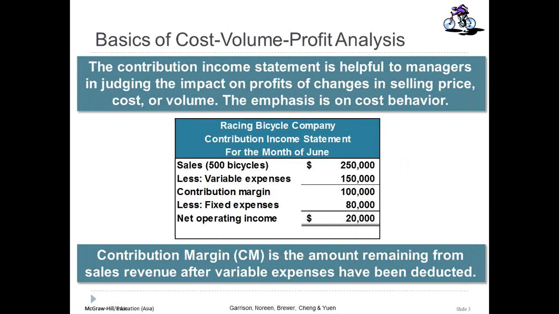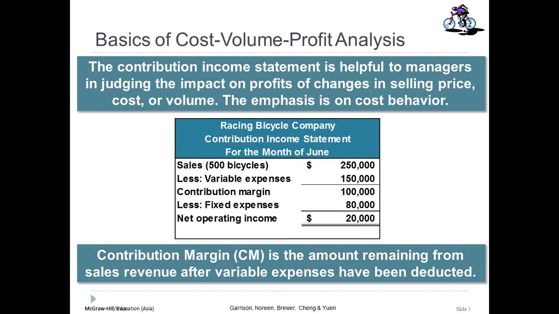The contribution income statement, or profit and loss statement, is very helpful to managers throughout the organization when it comes to judging the impact on profits when changes in selling price, cost, or volume occur. So here's an example of a contribution P&L for a bicycle company.